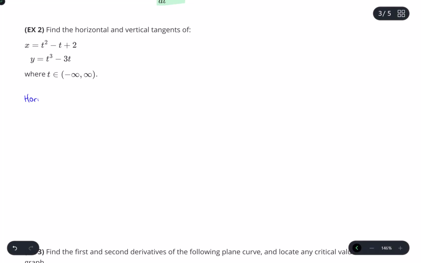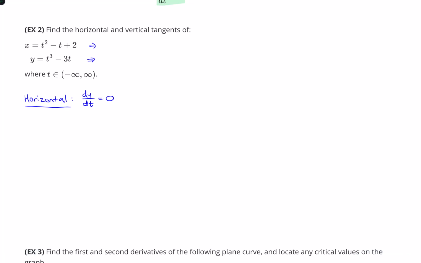So we'll begin with locating horizontal tangents. We're looking for where dy/dt is equal to 0. So that really tells us that we need to first find the derivatives of these component functions.